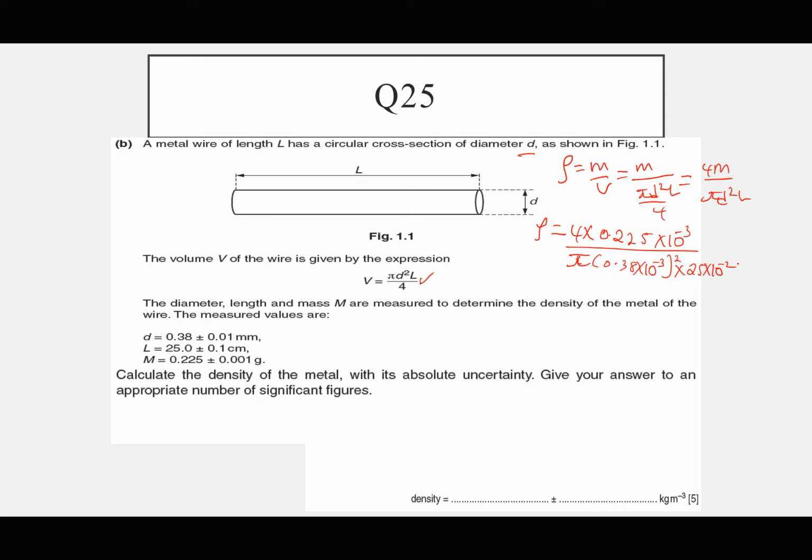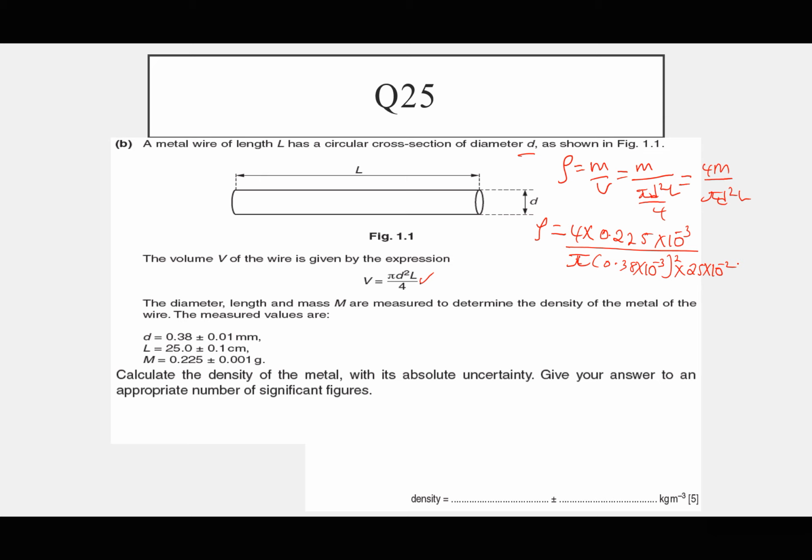4 times 0.225 exponent negative 3 divided by pi times 25 exponent negative 2 times 0.38 exponent negative 3, and this is squared.